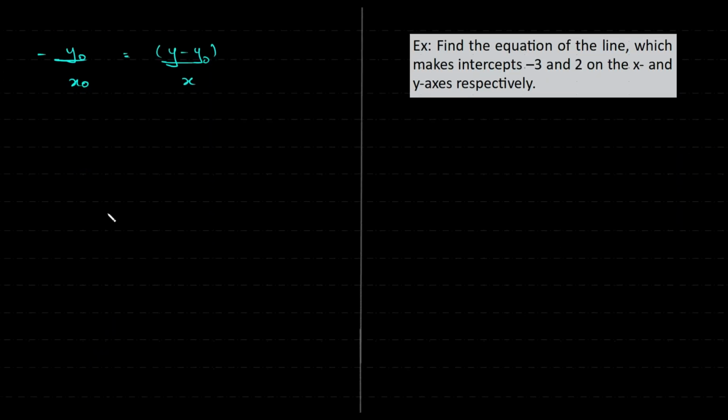So simple rearranging and all of that. So we have minus x into y naught by x is equal to y minus y naught. So, oh, I forgot. y naught by x naught, my bad.